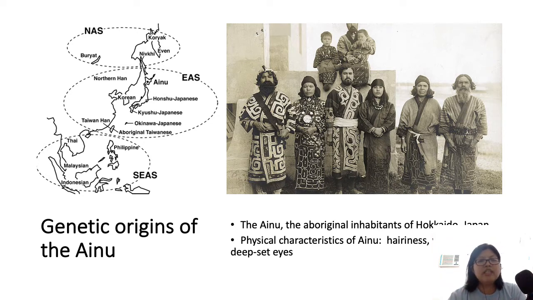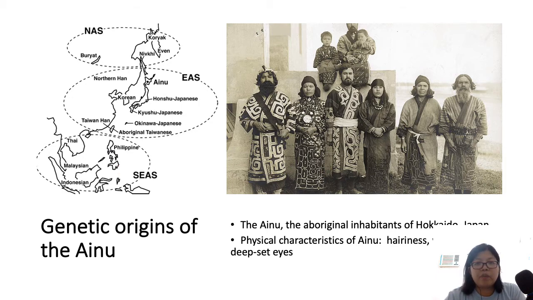So what they did in this study is to get samples of mitochondrial DNA and STRs from inhabitants of the neighboring countries of Japan. So they got samples from the East Asian countries, the North Asian countries, and of course the Southeast Asian countries.